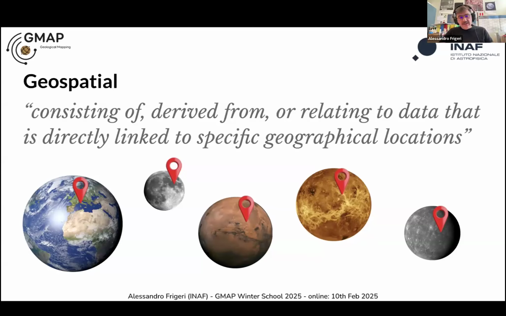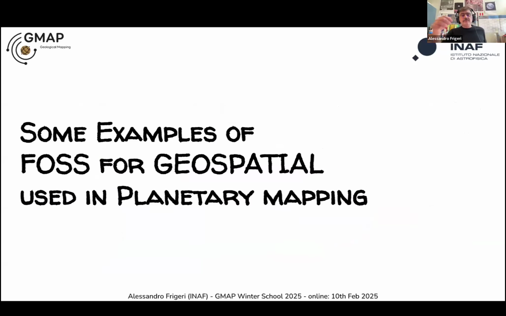And nowadays, we are able to manage location across different bodies, starting from the Earth, the Moon, Mars, and all the bodies of the solar system. And that is geospatial, basically. And the more interoperable we are, the more we are having fun, or the more we will be able to apply different studies to several bodies.